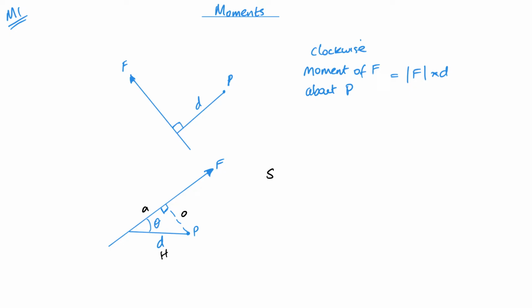So you can see here that sine theta is O over H. So sine theta equals O over D. So that O is D sine theta. So that means that this distance here is D sine theta.